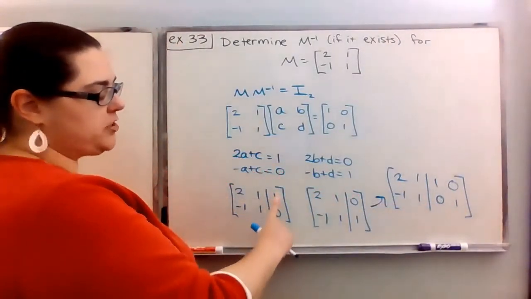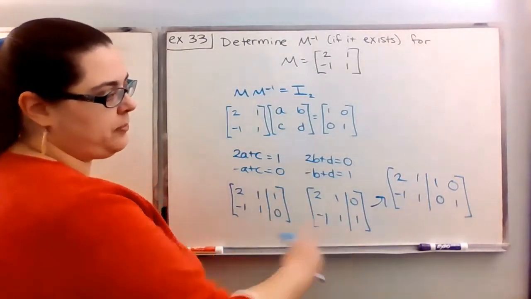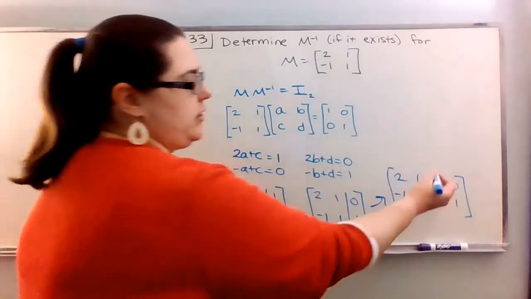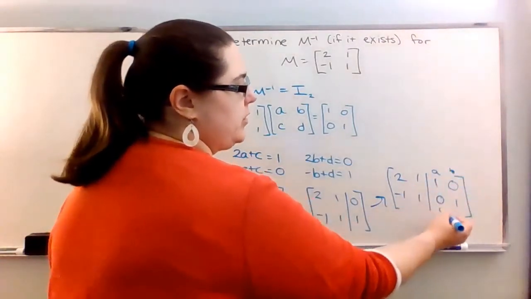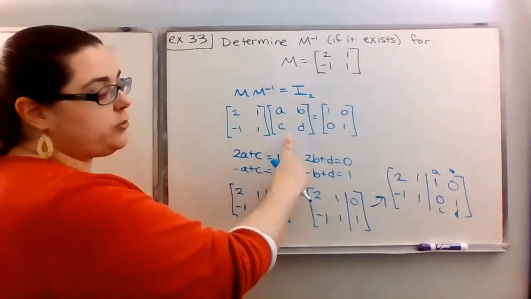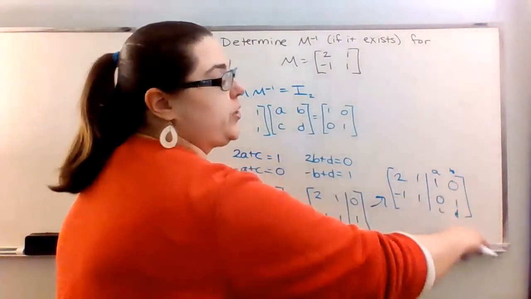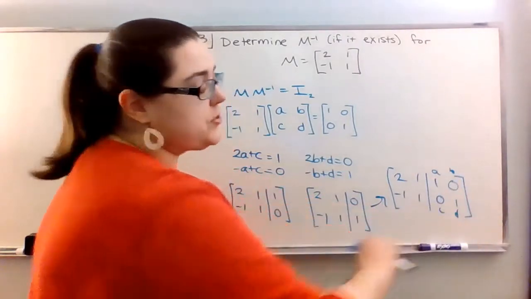So here's our value ultimately of A and C and B and D. But AB, CD was our inverse. So what this means is when we use our row reduction, this matrix here is going to be our identity, or our inverse.